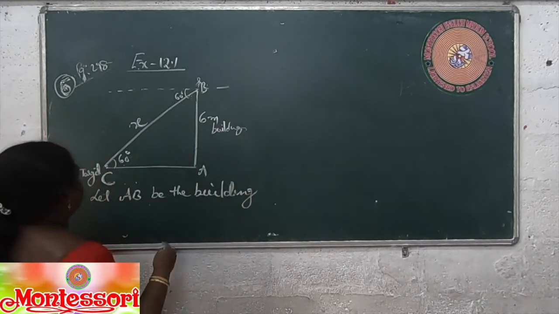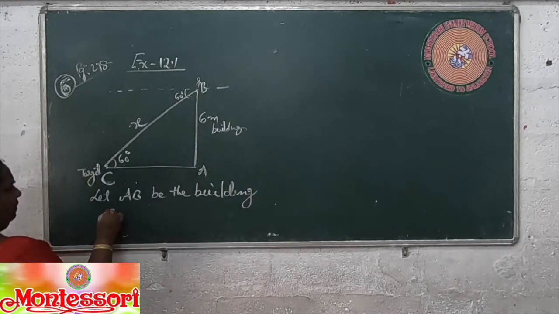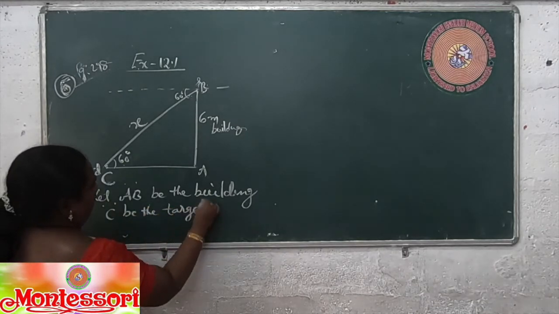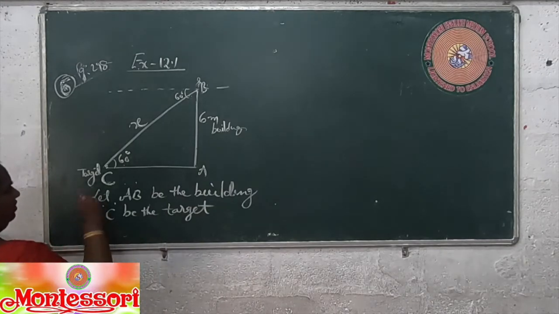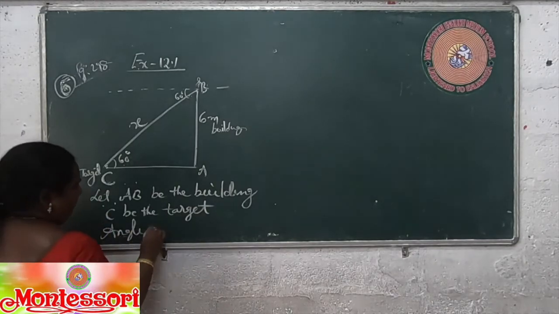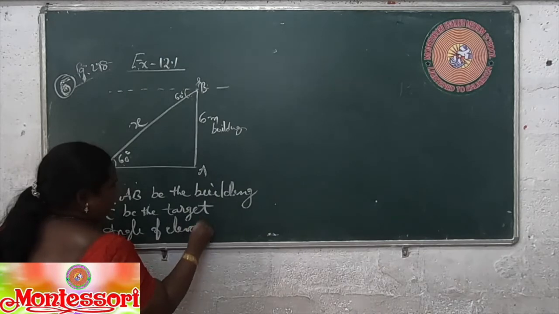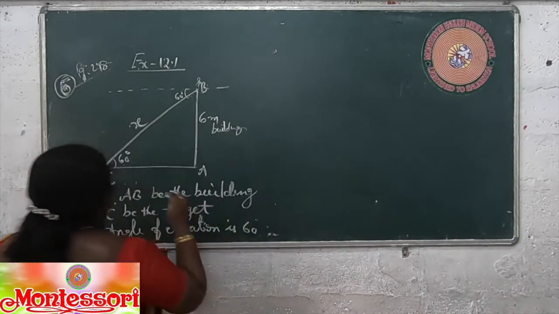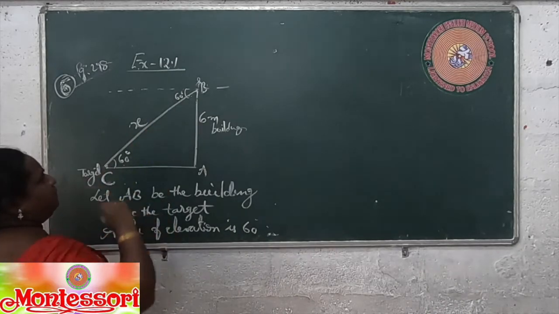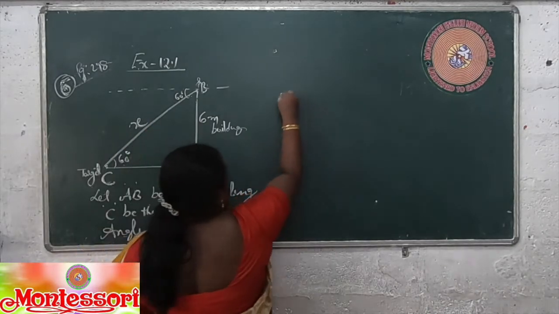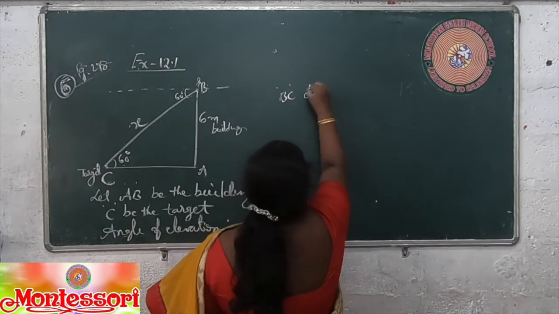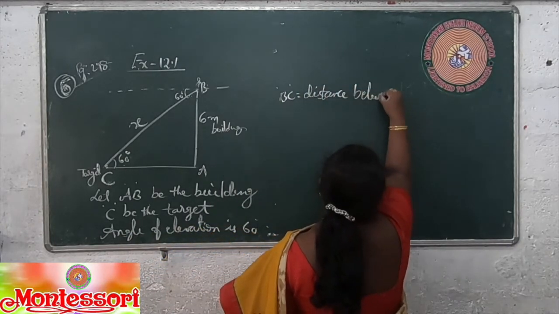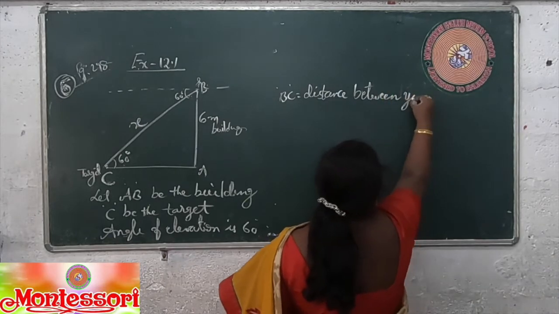AB is the building and C is the target. Angle of elevation is 60 degrees. And BC is the distance between you and the target.